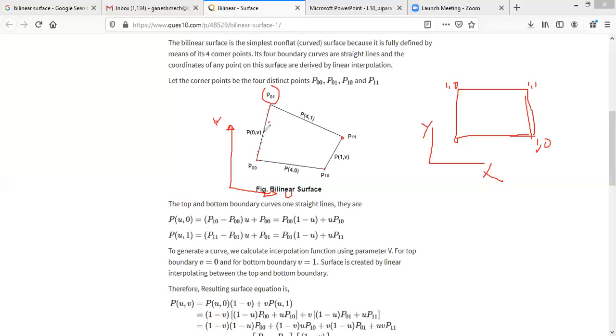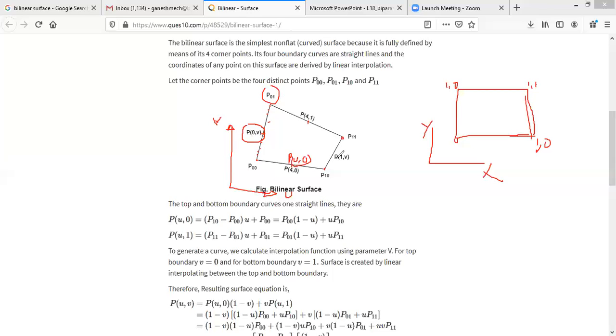So anywhere on this line, if you want to know the point, we can just call it P of 0, v, because it's in the v direction. The moment that we go in the u direction, we can go in for P of, here they have represented 4, just taking one of the interpolation points. So in general, we can write it as P of u, 0.